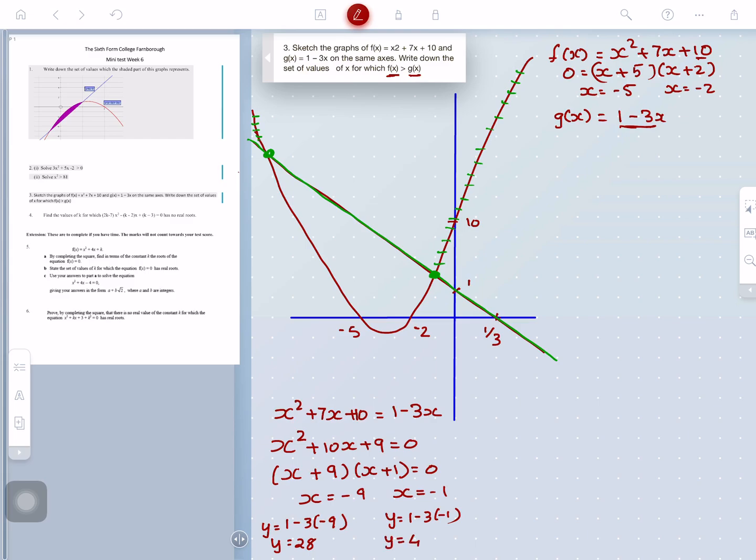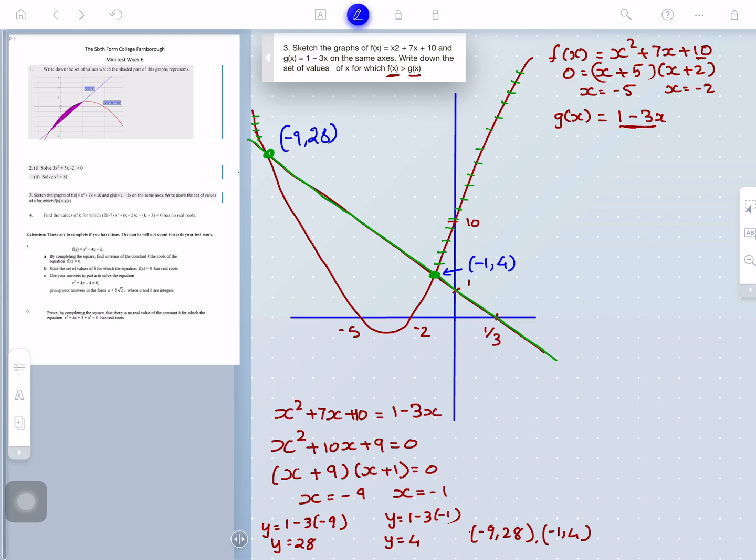So the points of intersection are minus 9, 28, and minus 1, 4. Okay.